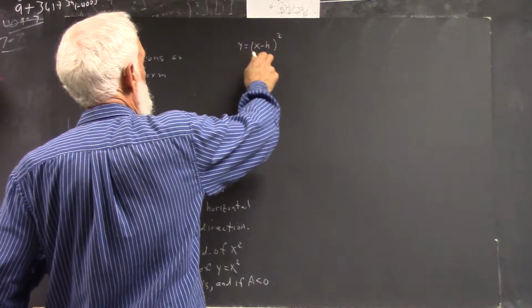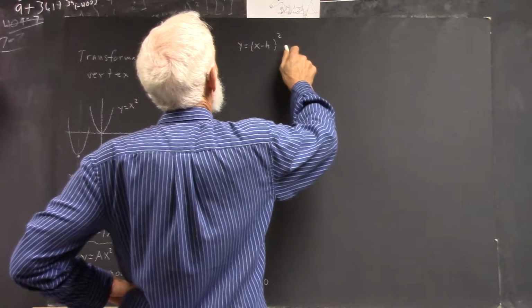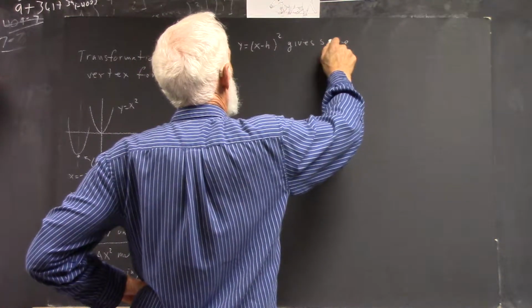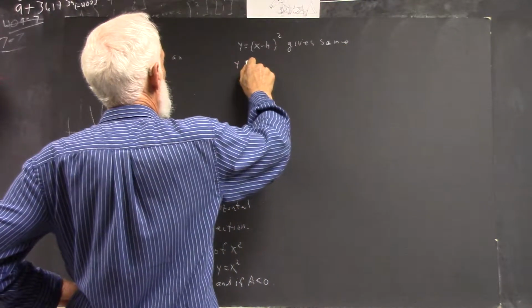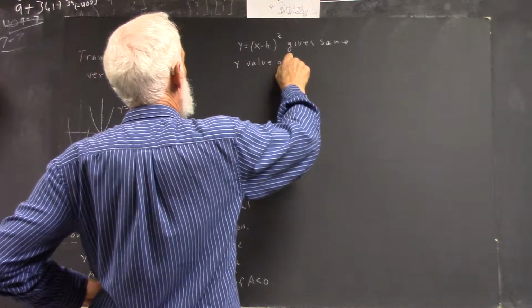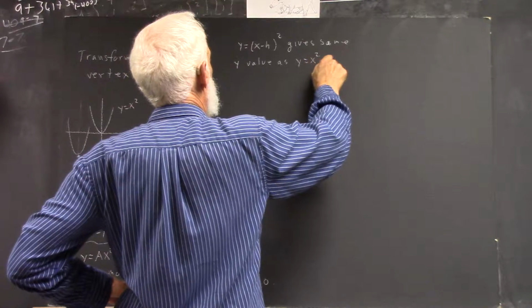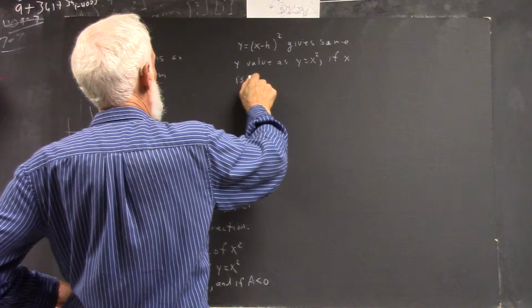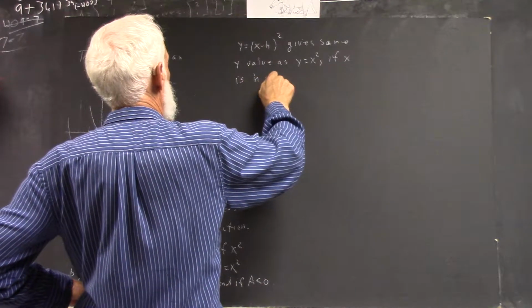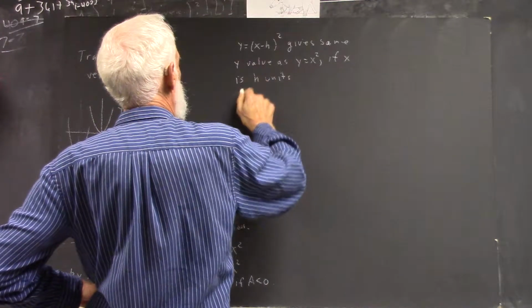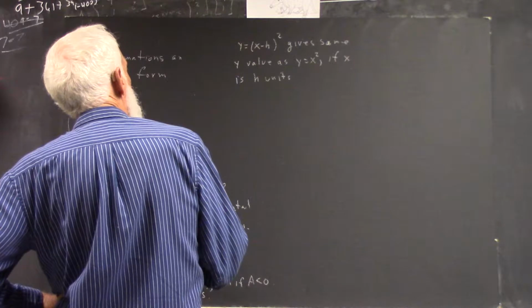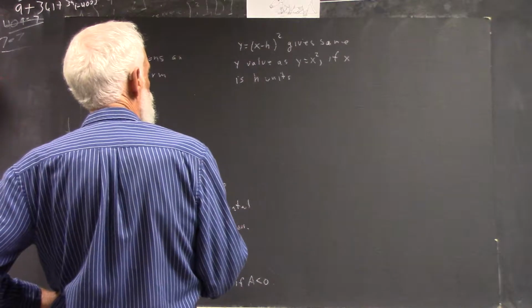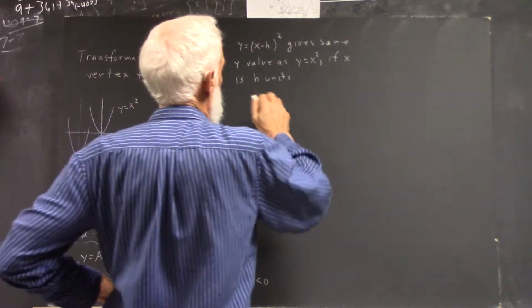Y equals quantity x minus h squared. We're having a little trouble with this statement there. Okay.